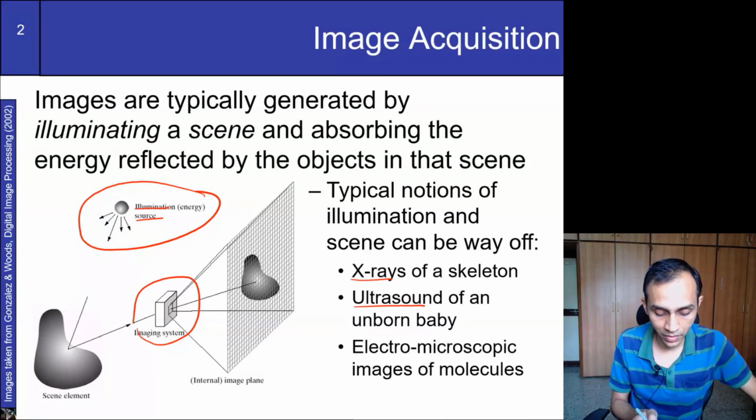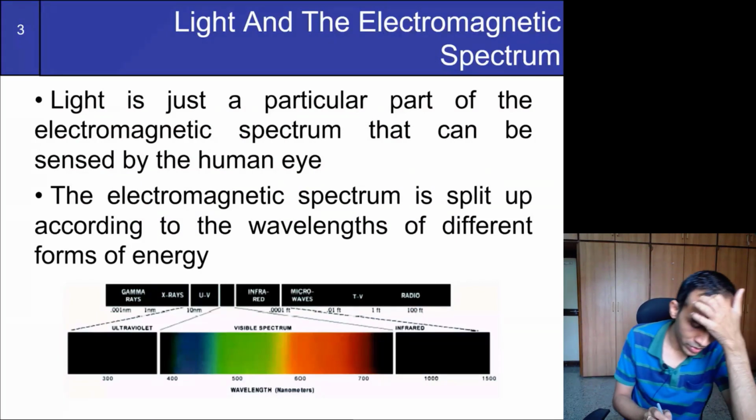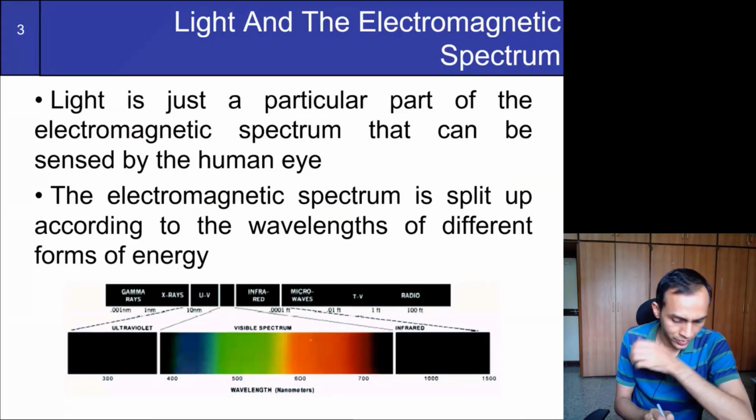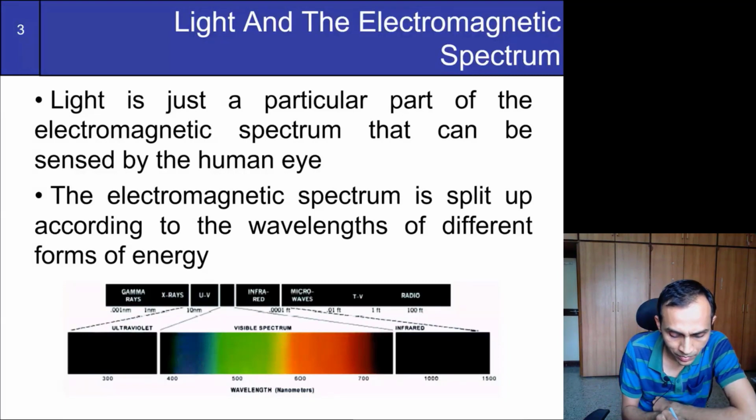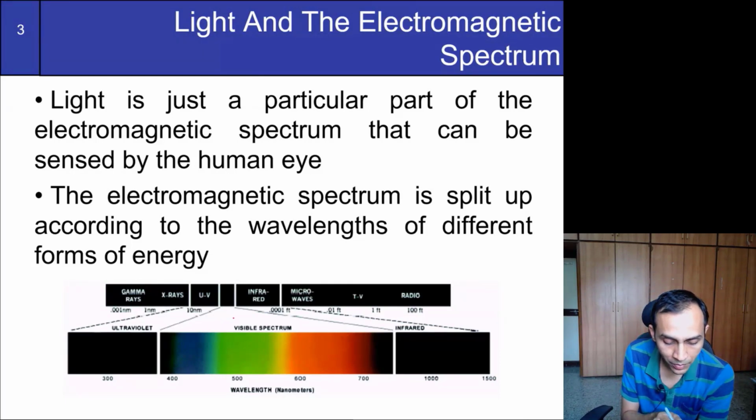So images can be formed by any of these modalities. Now, some basics about the electromagnetic spectrum. We have a visible spectrum within 400 to 800 nanometer wavelength, and mostly what we see is only in this visible spectrum. But beyond this visible spectrum, there are other sections of the electromagnetic spectrum.